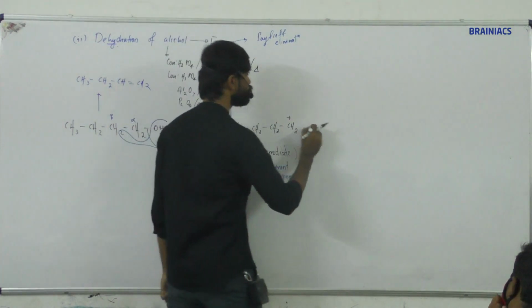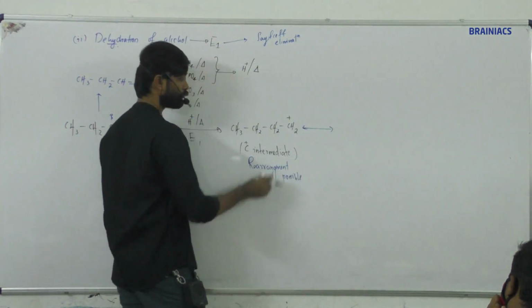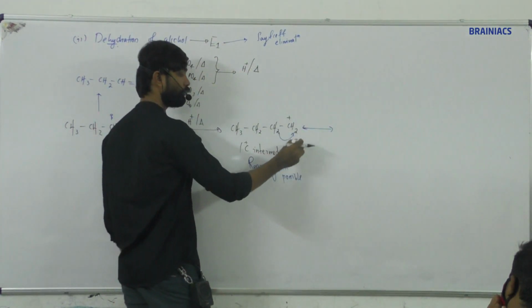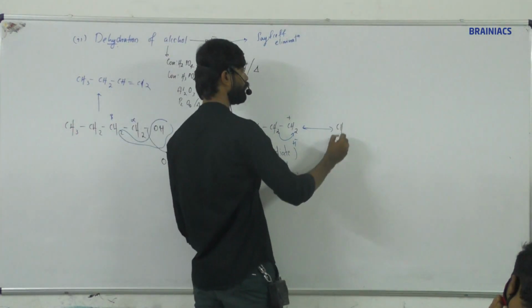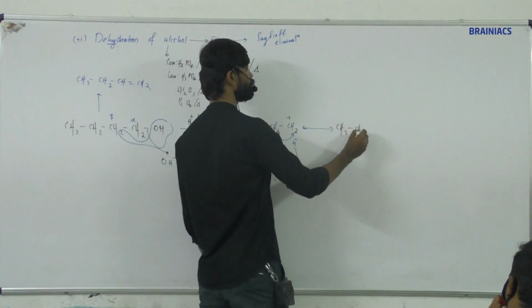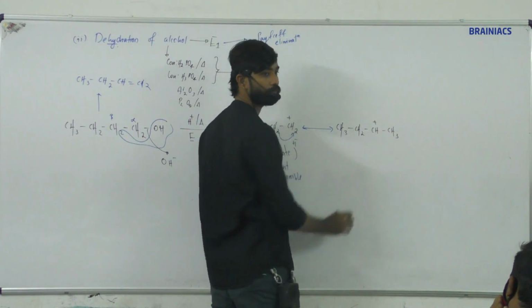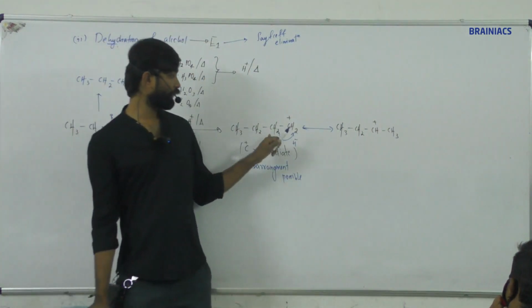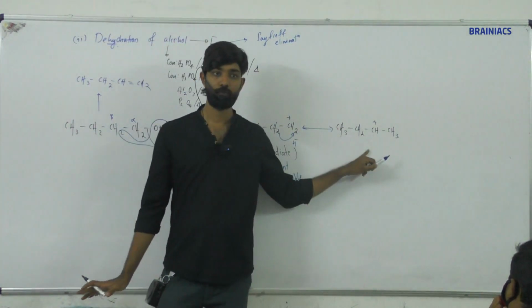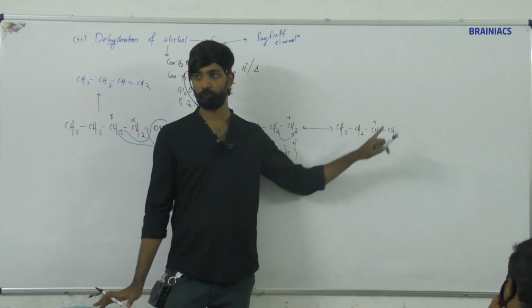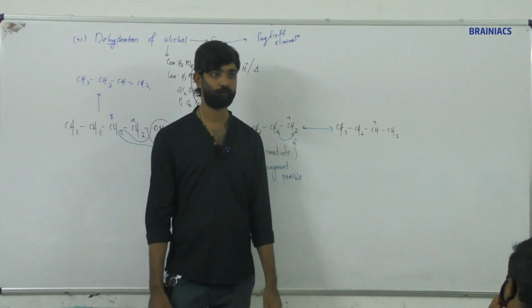Then you should rearrange that one, to CH3CH2CH+CH3. So make the carbocation formed into the maximum stable form by means of rearrangement.